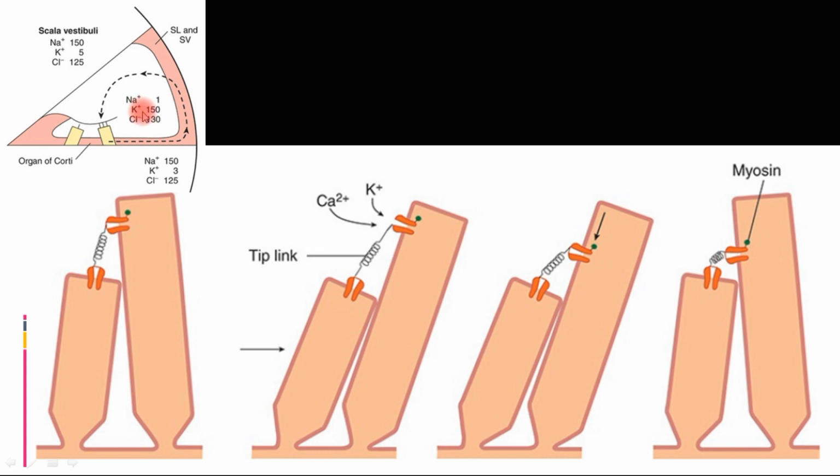So the positive ion which goes inside when the channel opens is the potassium ion, and when it goes inside, it creates depolarization, and when the depolarizations of the receptor potential are summed up, they will cause an action potential to occur.